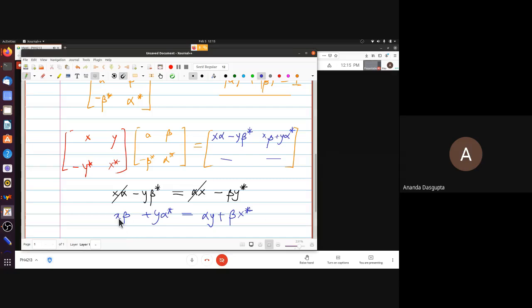So what is the first equation telling you? What is it telling you about y? That's the important question. If minus y beta star has to be minus beta y star for all beta, remember, not just for real beta or imaginary beta, for all beta, what does this tell you?